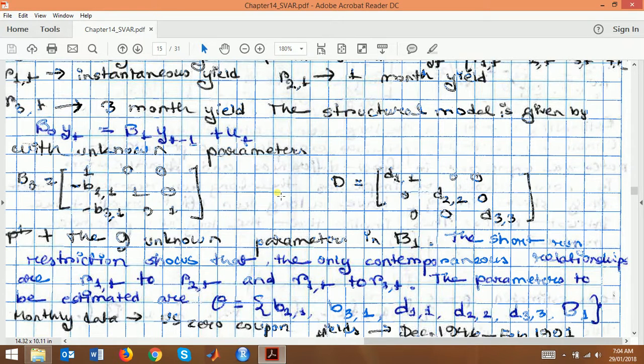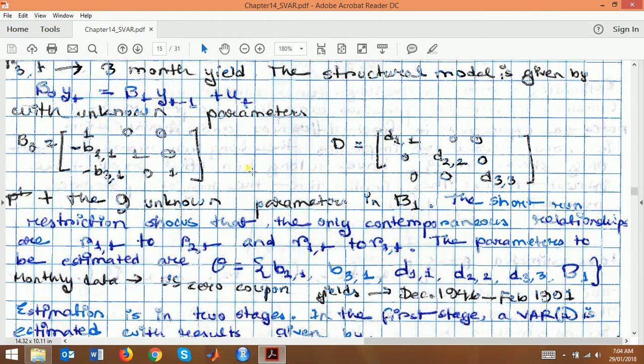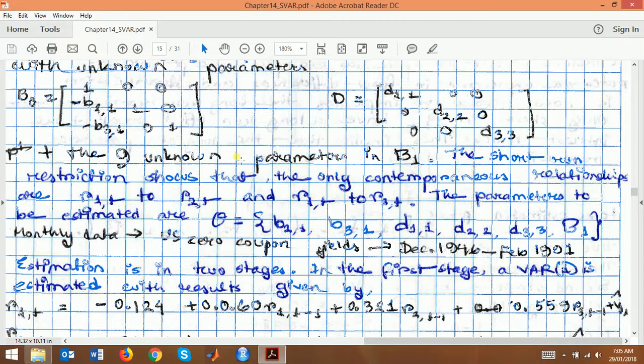So we have 3 squared, 9 unknown parameters in beta 1. D is equal to the diagonal elements, obviously. The short run restriction shows that the only contemporaneous relationships are R1t to R2t and R1t to R3t.